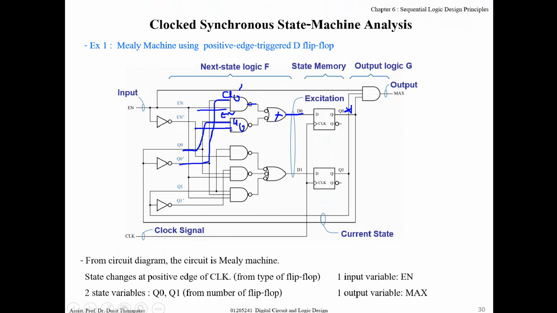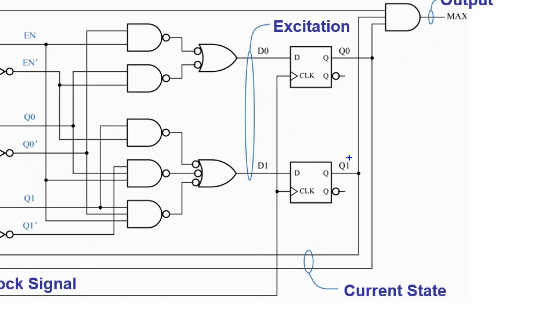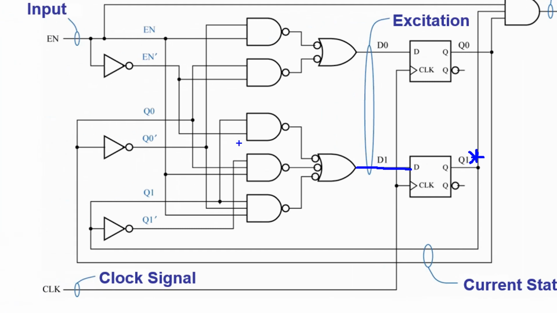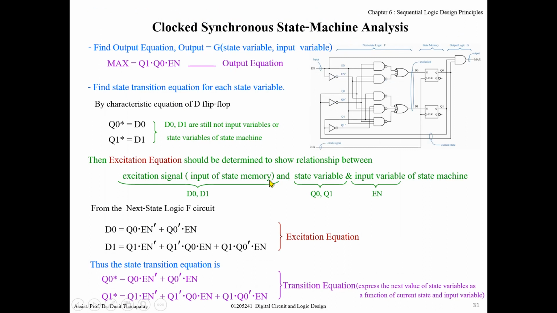Okay, that's all. Similarly for Q1 star also. Q1 star equals D1, then equals what? The output of this AND gate, this AND gate and this AND gate, summed together. So the result is this one.